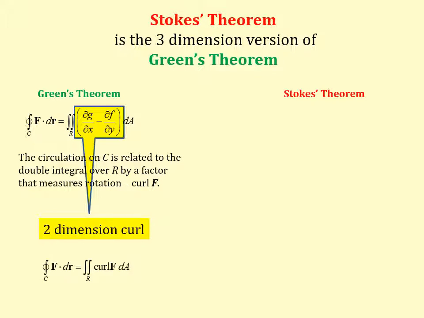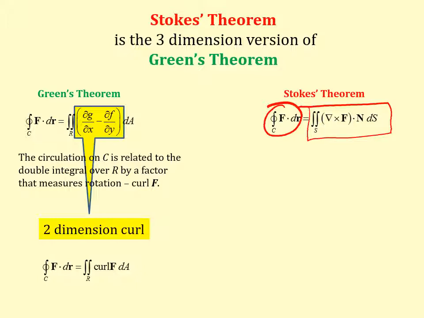And Stokes theorem is the same thing, but in 3 dimensions. So here we're told that in 3 dimensions we have the same thing. We have a closed curve that's related to the double integral.